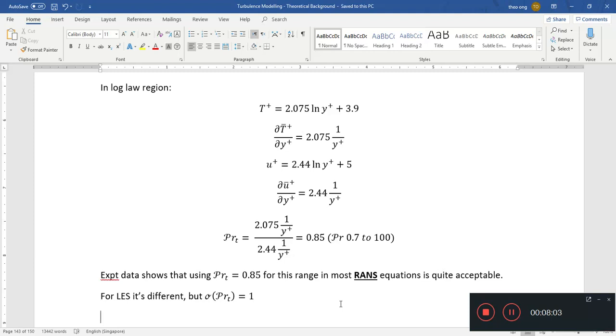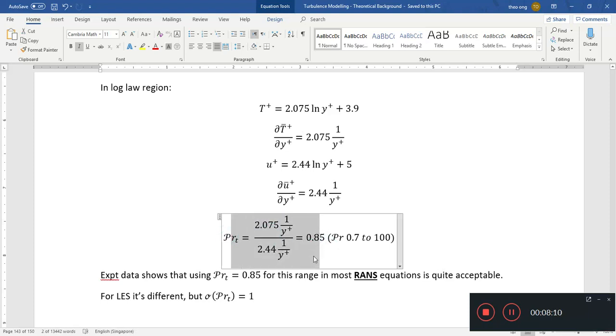So this is the simple way to find the Prandtl number for your Reynolds-averaged Navier-Stokes.